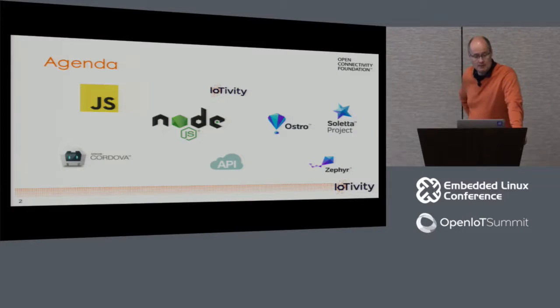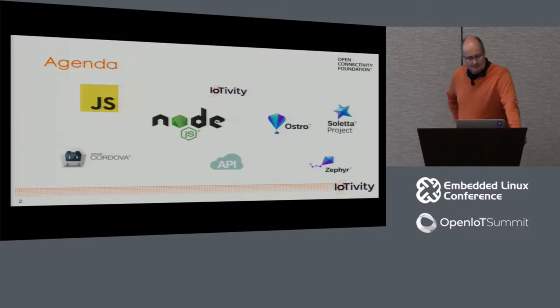So what we're going to talk about today is many things. First of all, we talk about JavaScript. Before we dive in there, how many of you have used JavaScript in any of your past projects? Okay, so about three quarters. That's good.